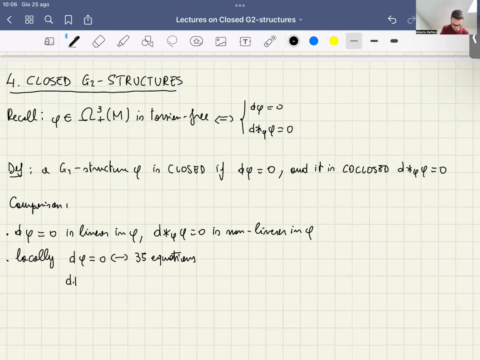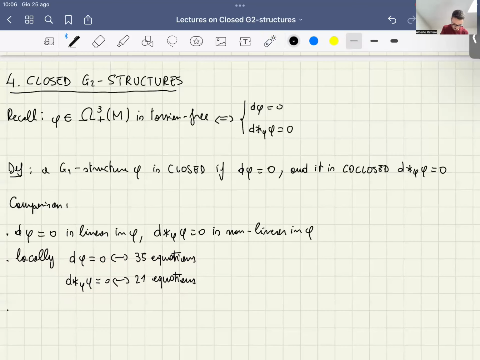While the condition requiring phi to be co-closed is a condition on a 5-form, and so this locally will give you 21 equations in the most general case. And so from this point of view, you can see that the first condition is actually much stronger with respect to the second one, as you need more equations to define that.